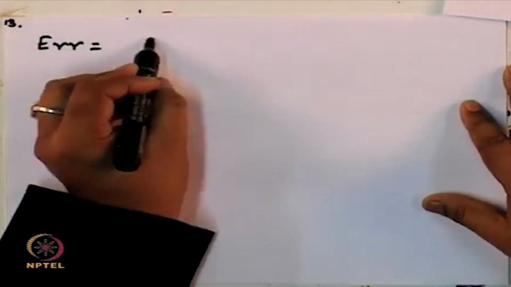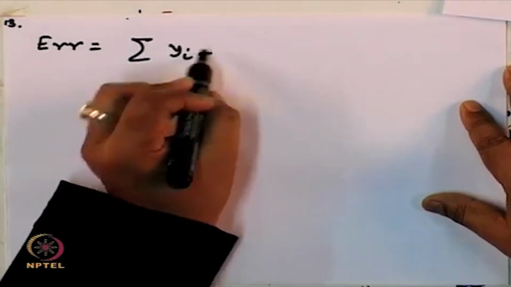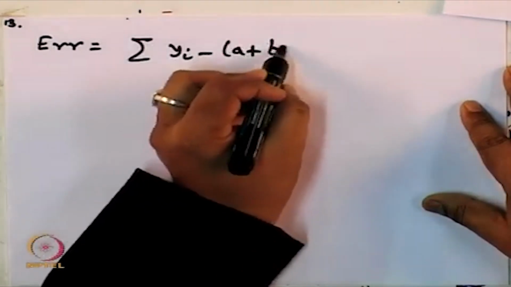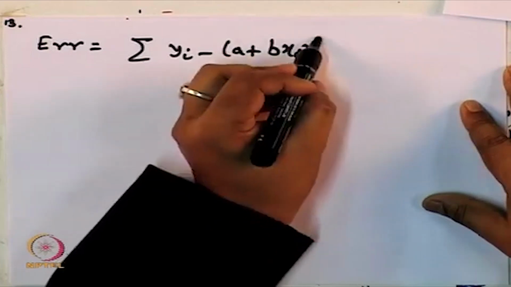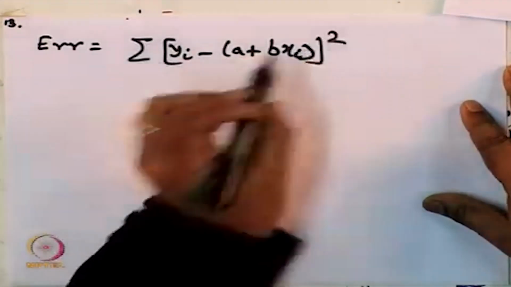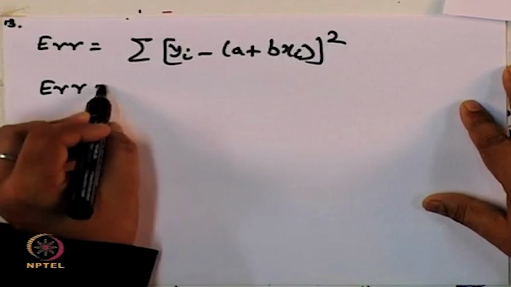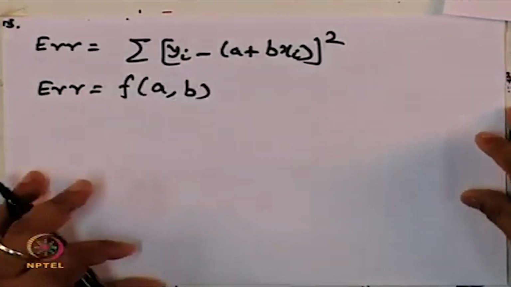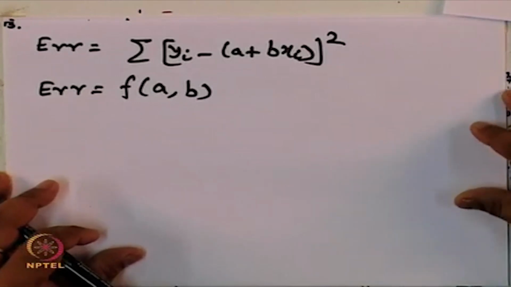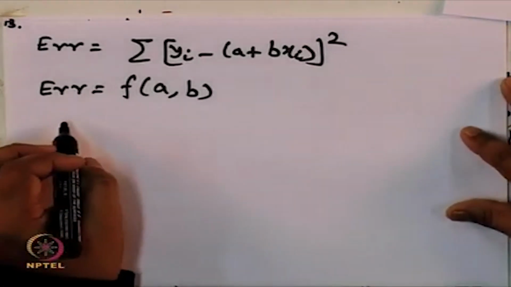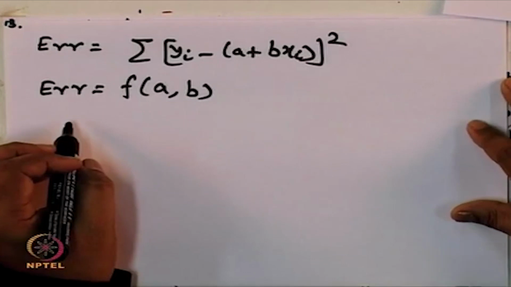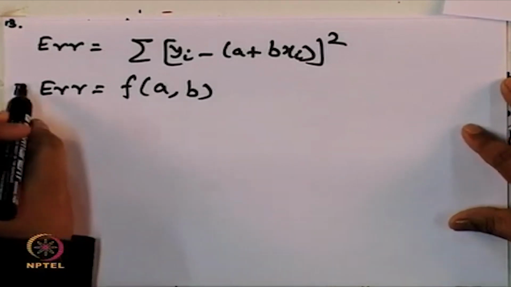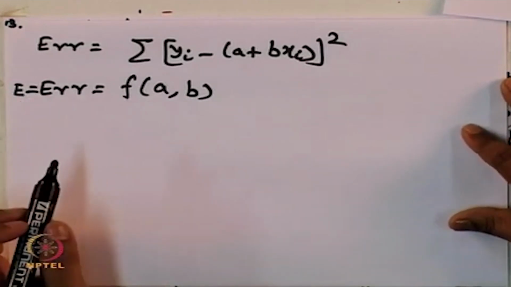okay, is equal to summation, so my error is actually a function of a comma b. So, if you have more than one variable, then the way you minimize is by, instead of taking a regular differential, so let us say E is equal to error, which is a function of a comma b.